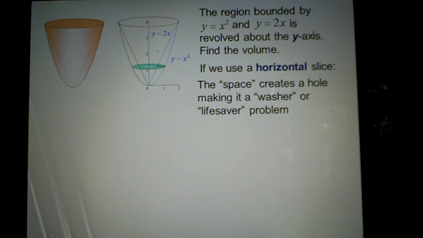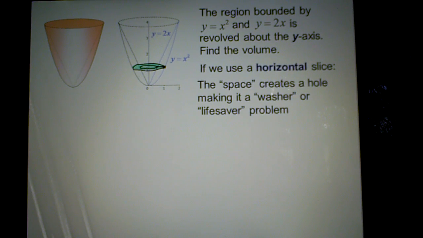Another way I can see that I've got lifesavers instead of potato chips is when I draw my strip. The far right instead of the top, the right part of the strip is on the parabola. Spin it to the image of the parabola and around. The bottom of my strip is on the linear function. Spin it to the image.